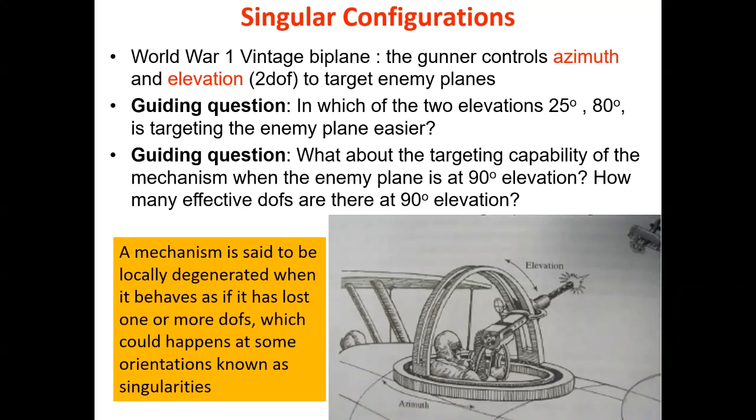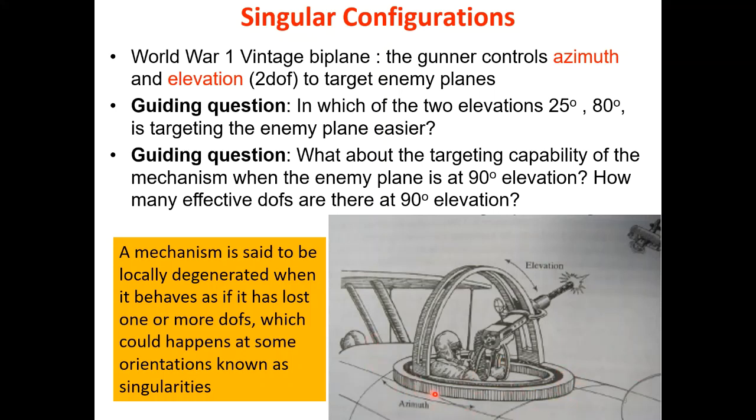What you see here is a World War I vintage biplane, and there's a pilot in the plane, right, who is driving the plane. And then you have the gunner here, the rear gunner. The gun is mounted on this rig here, and it is a 2 degree of freedom mechanism.